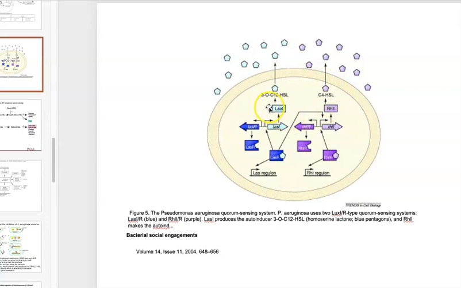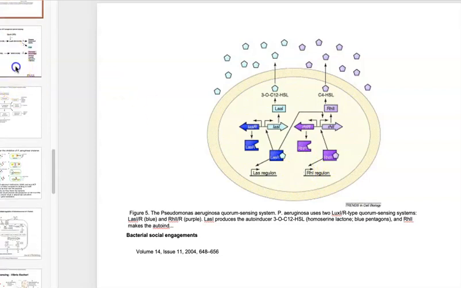And so the Las system here, where LasR and the autoinducer combine to form a transcription regulator, activates the Las regulon, and I'll show you a little bit about that. But this combination can also activate the RhlI and R system, and in turn that activates the Rhl regulon and a variety of proteins downstream of that.